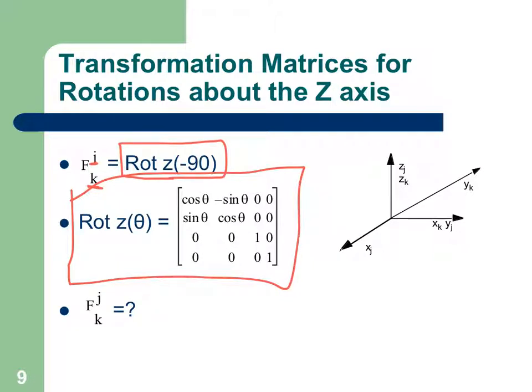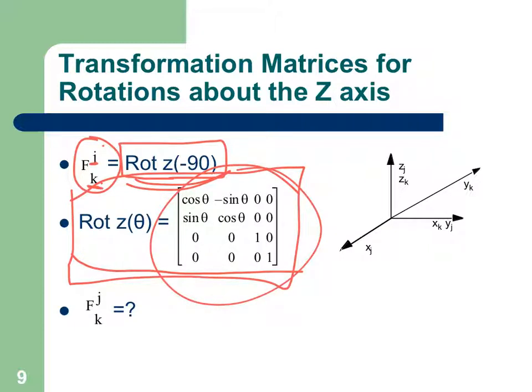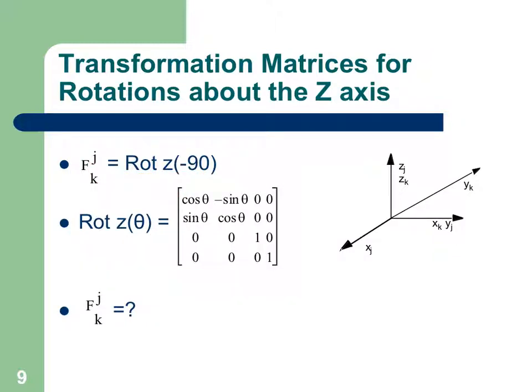So if we know that this is rotate z by theta, and I'm trying to figure out the frame transformation from k to j, and that is rotate z by negative 90, then we just have to substitute the values for cosine and sine appropriately, and we win. So let's do it. And I'm assuming at this point that you remember your sines and cosines, right?